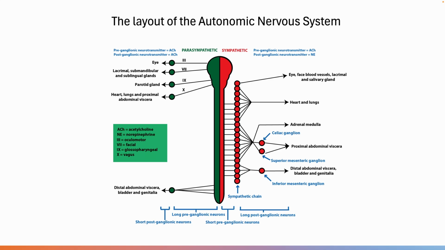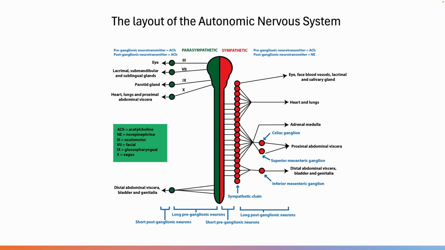These preganglionic nerves that emerge from the spinal cord then separate to form either paravertebral or prevertebral ganglia. The paravertebral ganglia form the sympathetic chain, while there are three important prevertebral ganglia: the celiac ganglion, the superior mesenteric, and the inferior mesenteric ganglia.